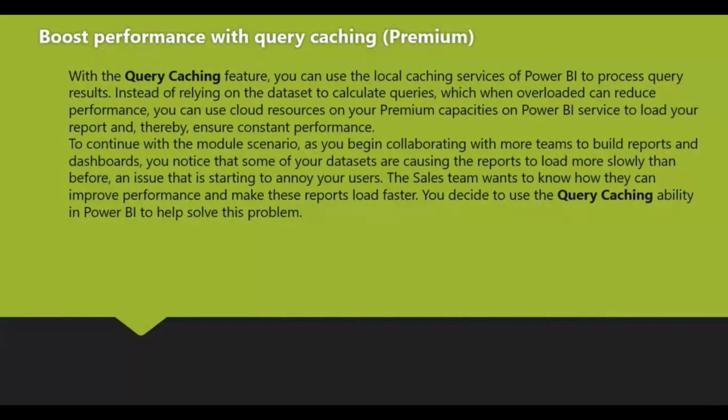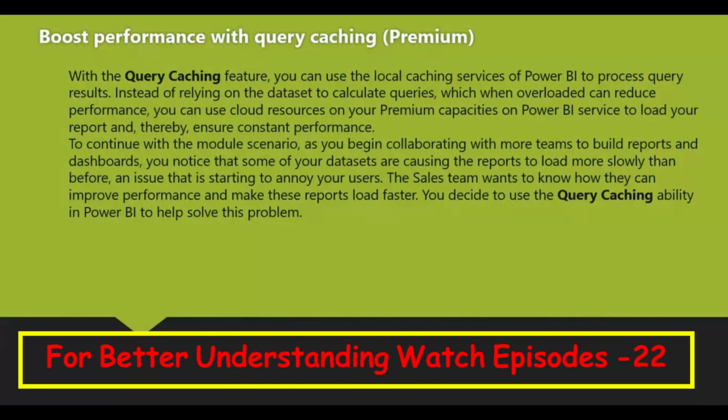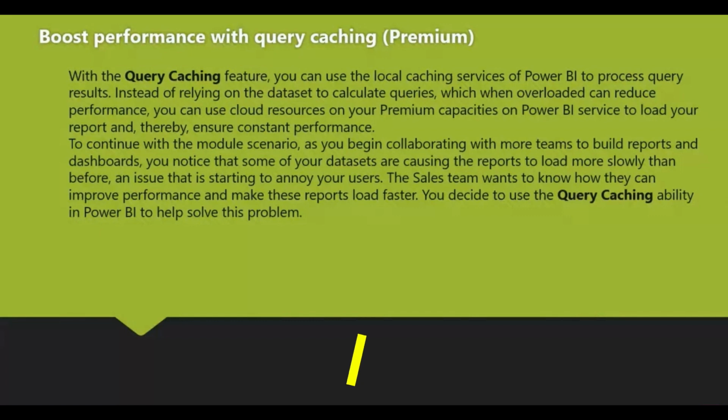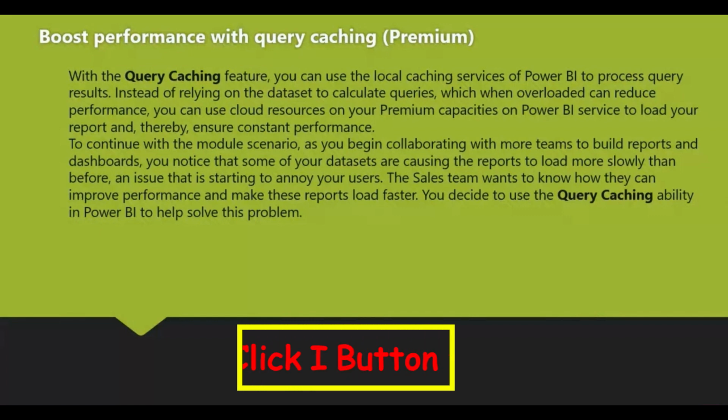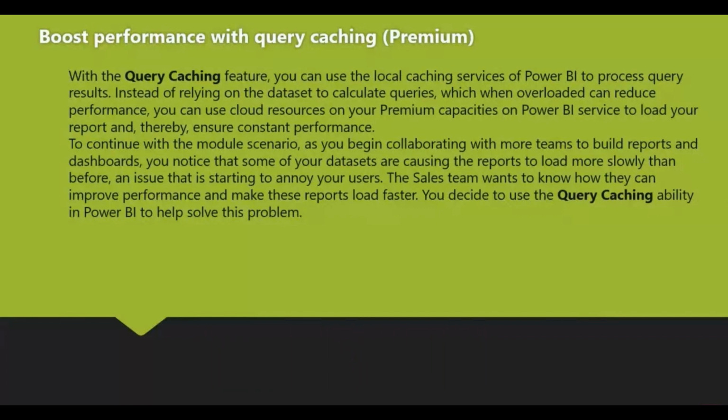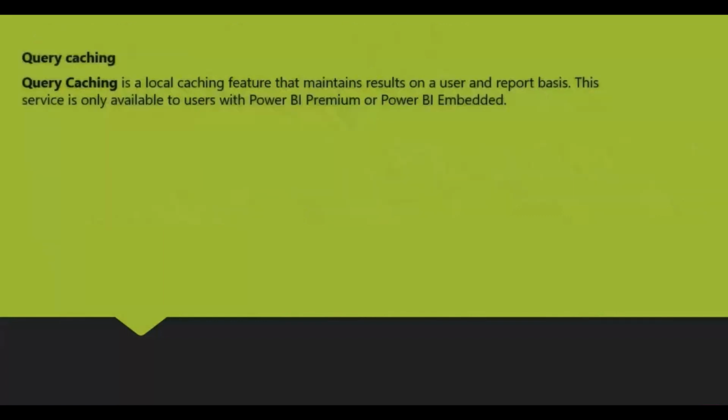Okay, so let's say in this module scenario, the sales team is giving us the data, and we're building the reports and dashboards, and everything is going very fine. But sometimes some of the dashboards load their data very slowly, and definitely it will start annoying the stakeholders who look at those dashboards. To resolve that issue, we can use the query caching ability given by Power BI.